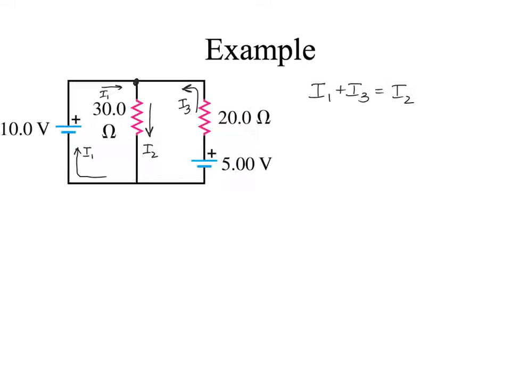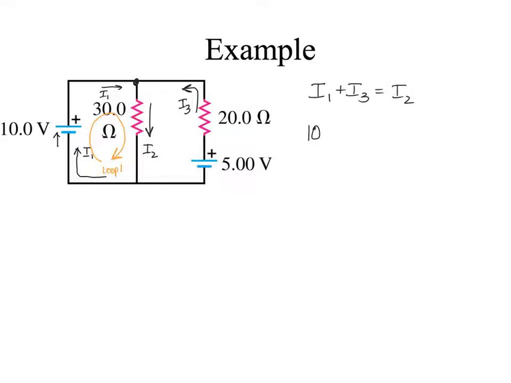Now I'm going to choose some loops. And I'm going to first choose a loop in the left-hand side. That's loop 1. And so when I go around loop 1, I'm going to start at the battery and I'm going to go in this direction. So I go through the battery from negative to positive, so that's a potential gain of 10 volts.